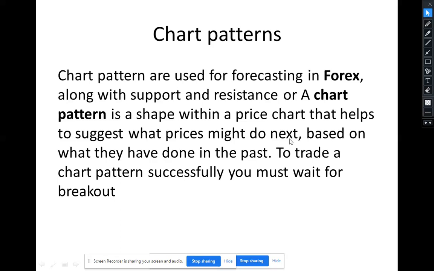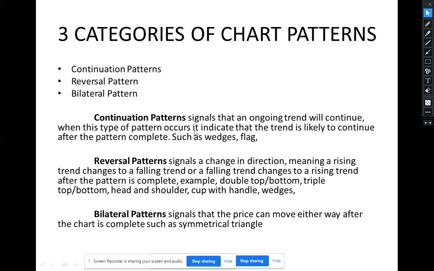Okay, so let's continue. The chart patterns are grouped into three categories. We have the continuation patterns, the reversal patterns, and the bilateral patterns. Continuation patterns signal that an ongoing trend will continue.